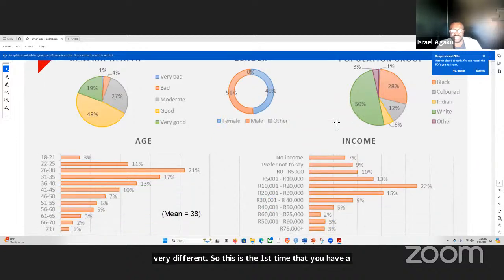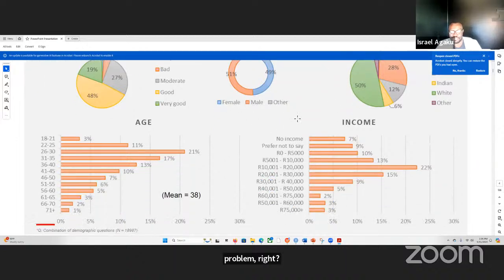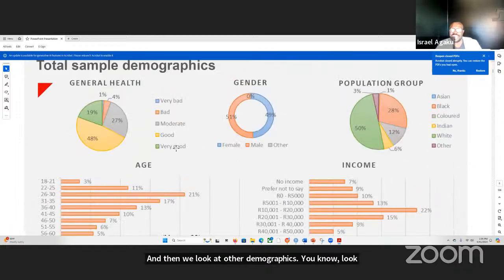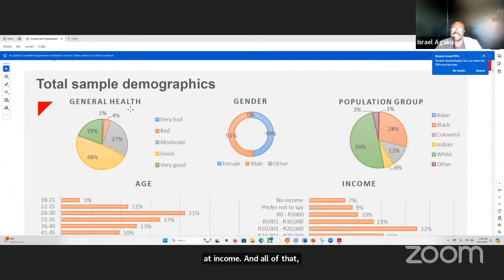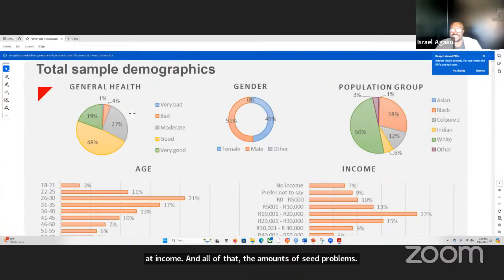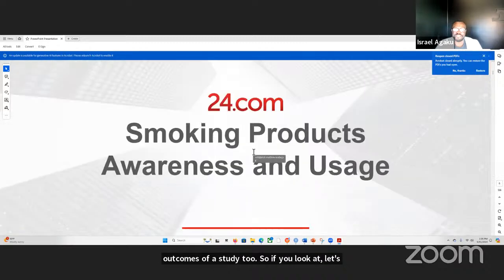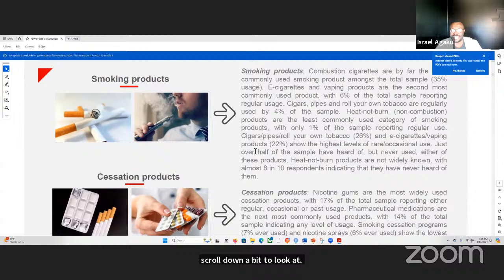And then when you look at other demographics, like income and all of that, you might also see problems, right? And then that is also translated into the outcomes of a study too. So the first thing you do is don't just pick a data set and say, oh, I want to dive into it and start analyzing and publishing.